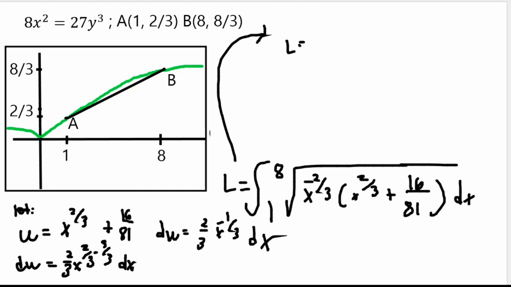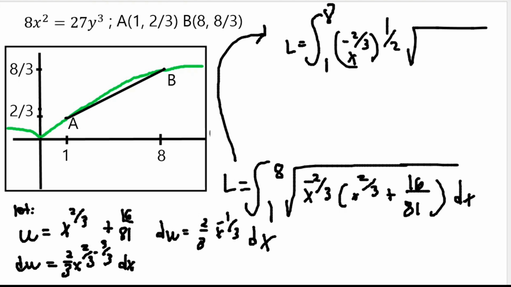Next, this thing, we can just split the radical sign. So we have the integral of 1 to 8. We can just split this, so we can write it like this, right? Then we can raise it to the 1/2 power. So we have x raised to the 2 over 3 plus 16 over 81.